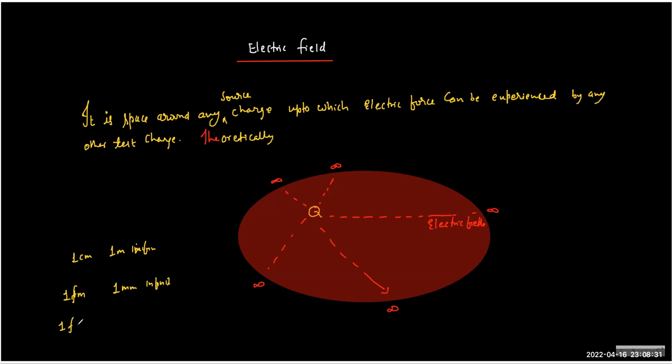Compared to 1 femtometer, I can even call 1 micrometer or 1 angstrom as infinity. So these two are relatively infinite. One is really small, and the other we call infinite. We'll come to that.